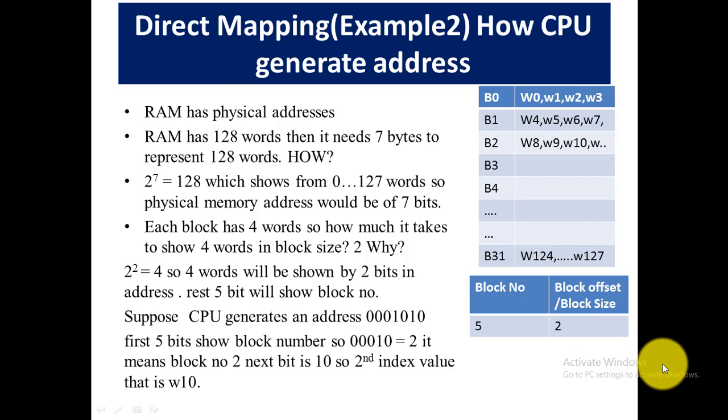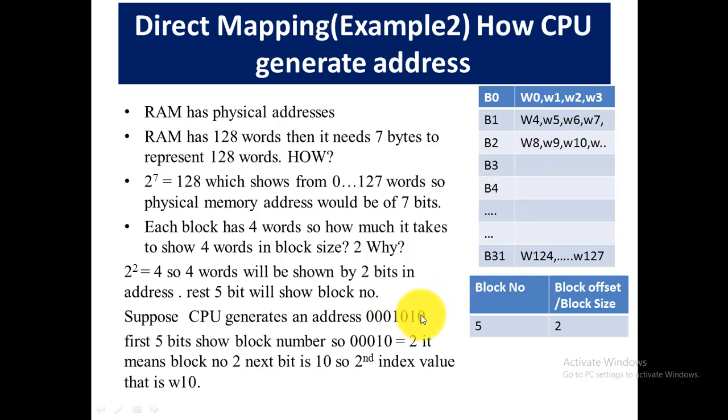Suppose the CPU generates an address 0001010. So the first 5 bits show the block number. 00010 shows the block number, and 00010 is equal to 2. It means block number 2. Where is block number 2? This is block 0, this is block 1, this is block number 2. So in block number 2, which word is it demanding?